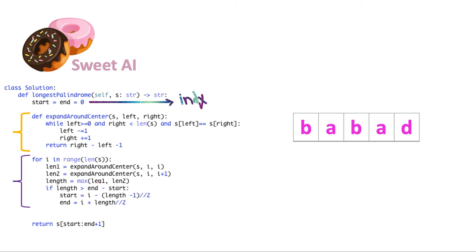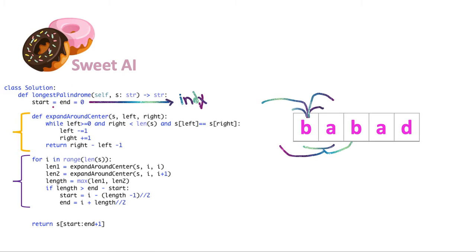And what we're going to do, we're going to expand around this character. For the first one, we're going to expand around this and see if it is palindromic, and for the second case we are going to expand around this and see if it is palindromic, right? And we're going to get the longest one, the max of it, and we check it with the final result that we are storing here.